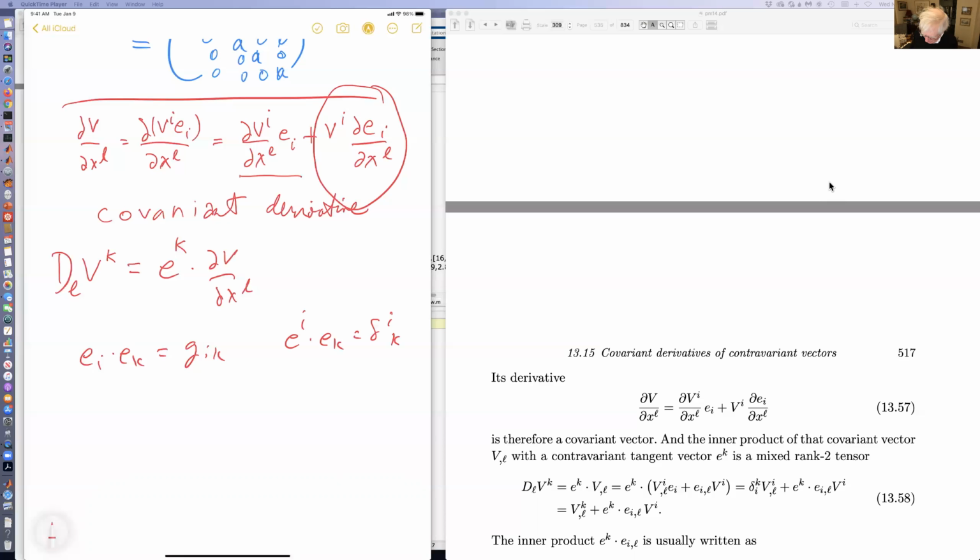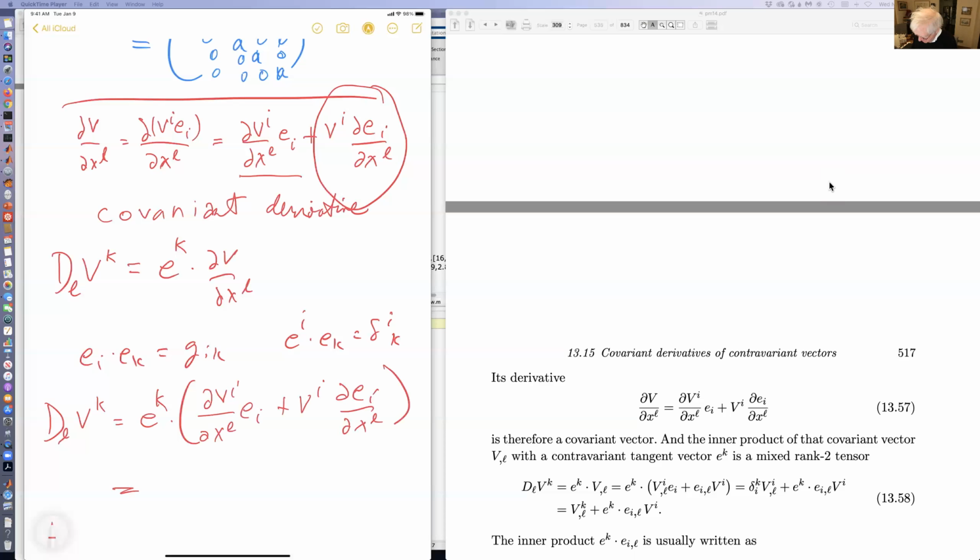And so this dl of vk is then ek dotted into this partial derivative, but that was partial vi. Okay, what do I want? XL, all right, it's this one. Partial XL EI plus VI, partial EI, partial XL.